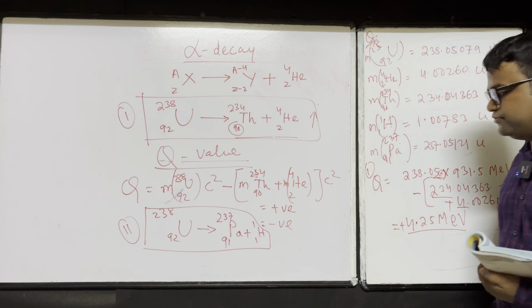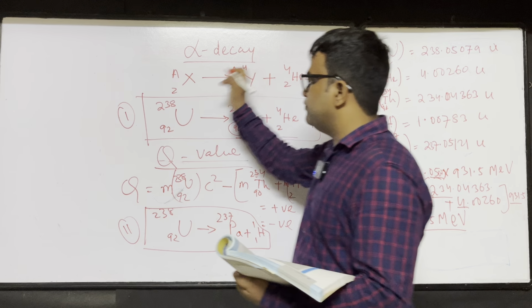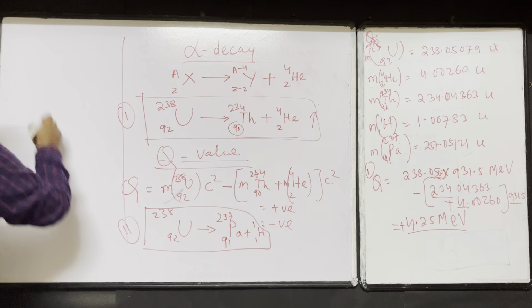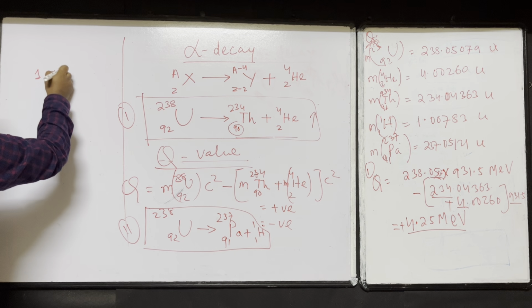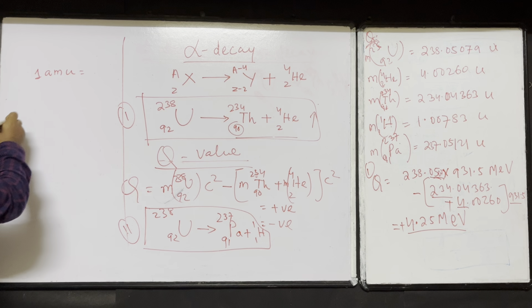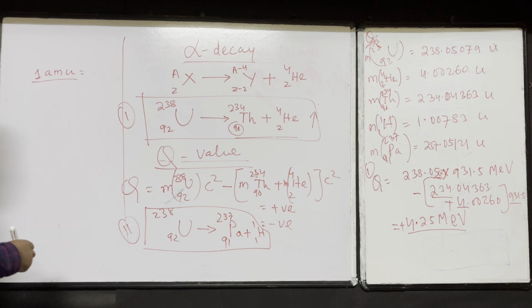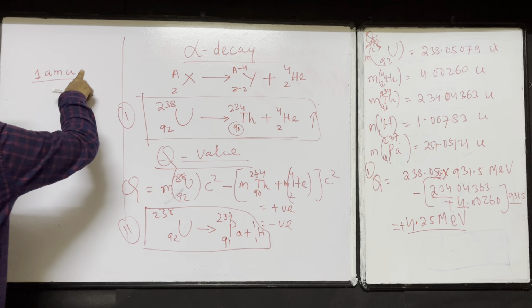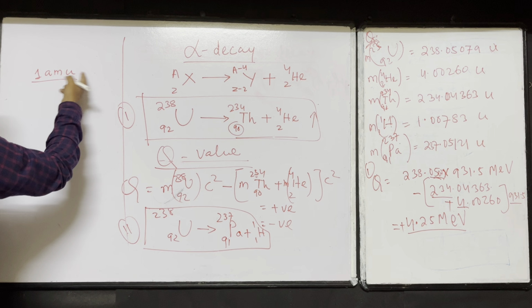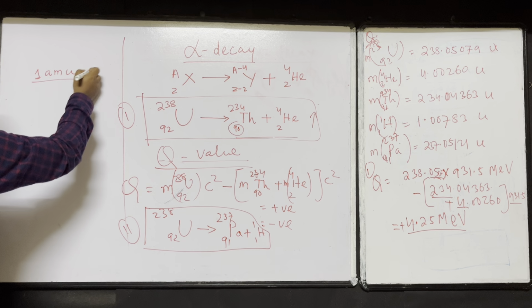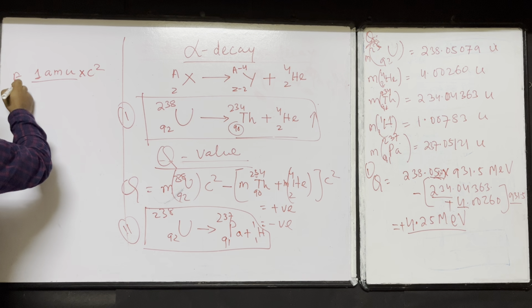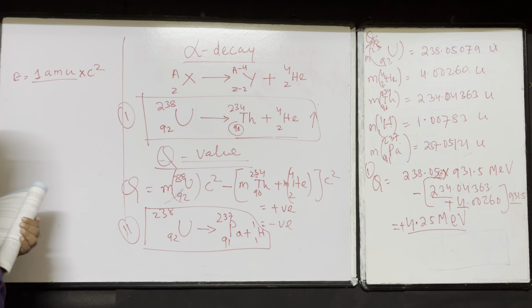How, also, if you need I can explain. 1 AMU or U simply is the atomic mass unit. If you want to convert it into energy, mass multiplied by c square will be your energy, right.